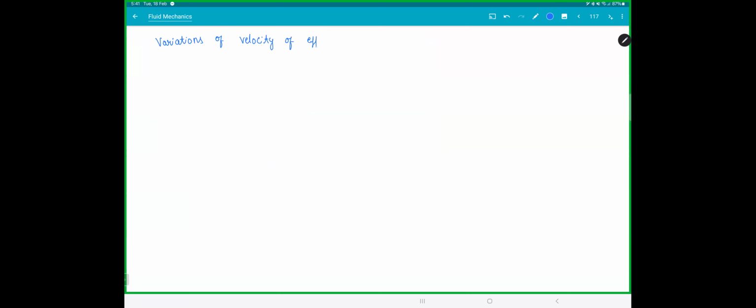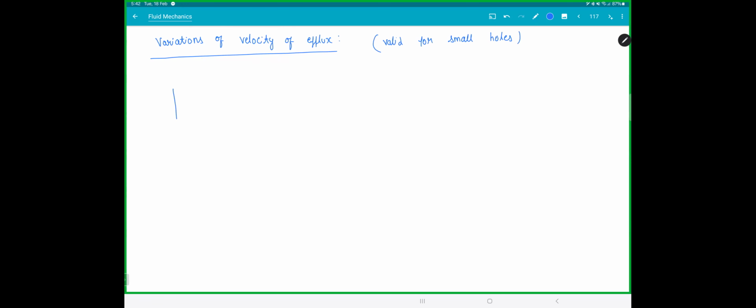Variations of velocity of efflux. Yeah, the only thing, this is only valid for small holes. All right, so what is this thing?